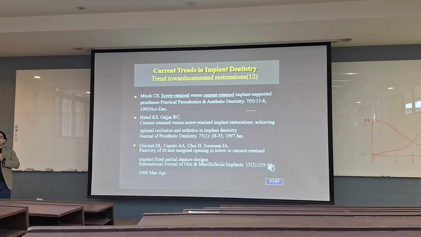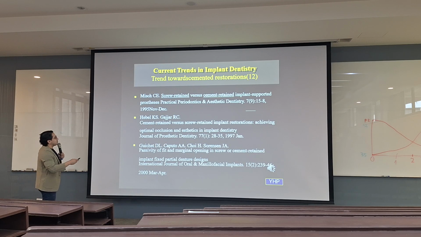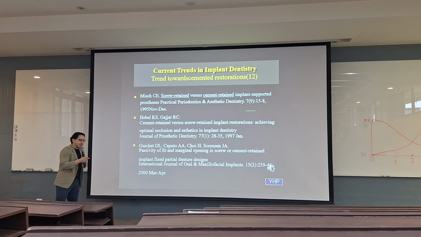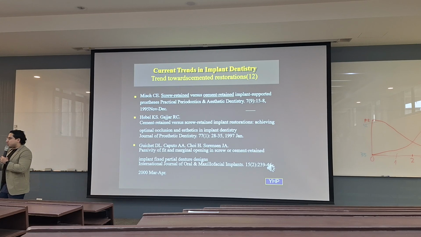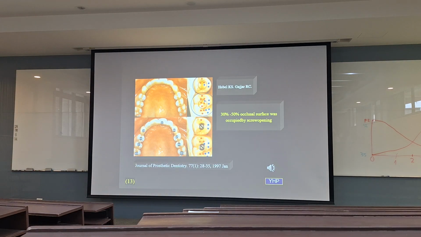Because if you have to screw, that means that your abutments and all the attachments and the screws are bigger, and they take too much space. And for an incisor or lower incisors, it's not going to work. So we start thinking about using cemented dental implants. We have done a lot of studies since the 90s, and we know that it works. But you need to be really careful how you use it and decide when to do it.